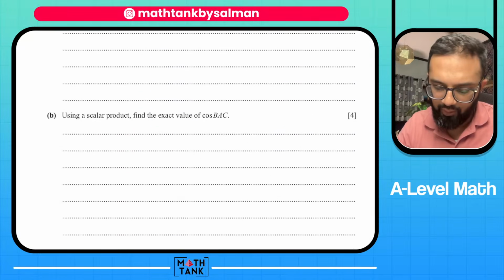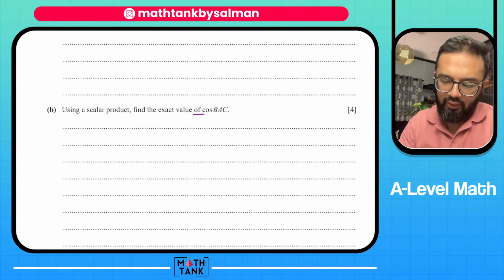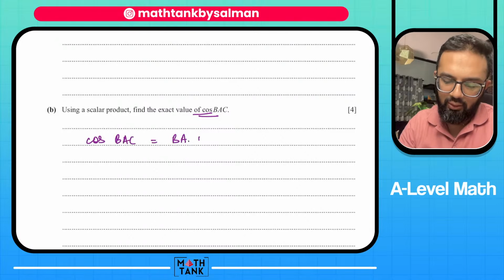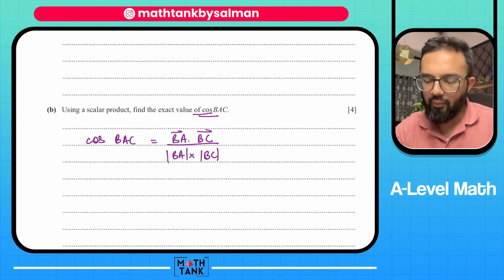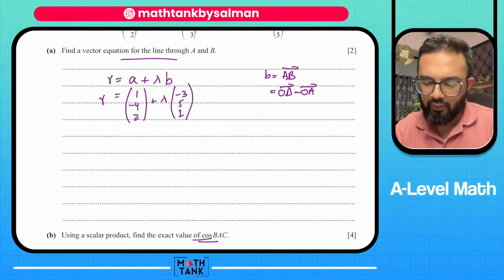Or use a scalar product to find the exact value of cos BAC. So cos BAC is going to be BA dot BC over magnitude of BA times magnitude of BC. BA is what I just found.